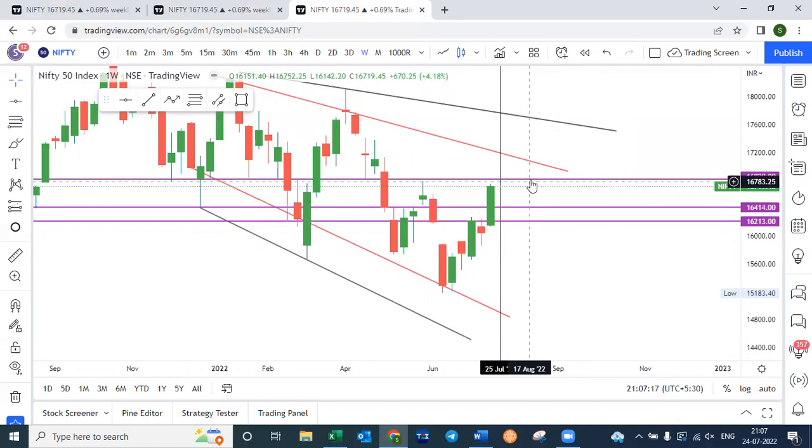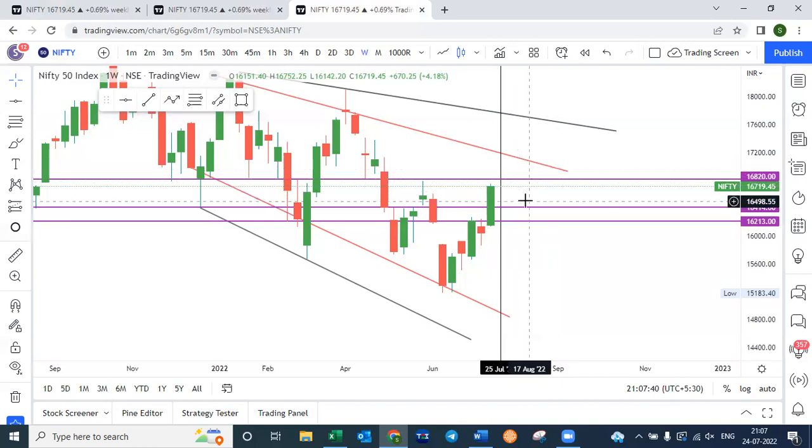Now imagine the market opening gap up, say 16,830, 840, 850, gap up less than 100 points. I repeat, gap up less than 100 points. Then allow the market to come down. Do not take an immediate put or a call. Let it come down.